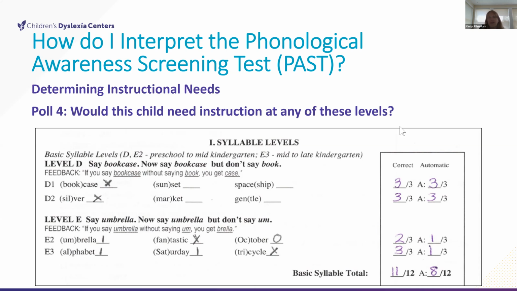I'm going to give you a minute to think about this. Ten seconds left.